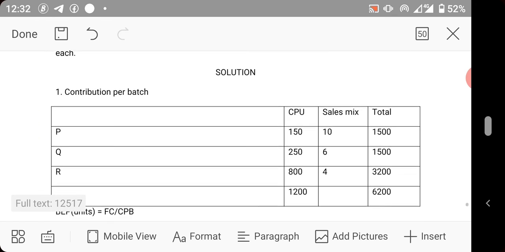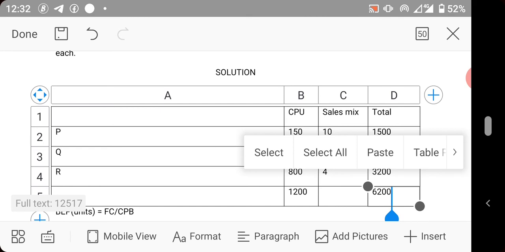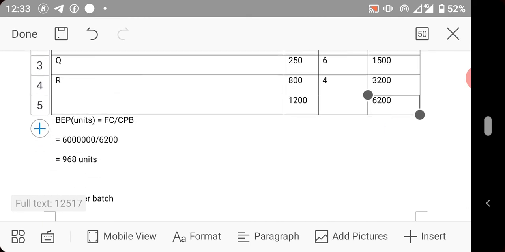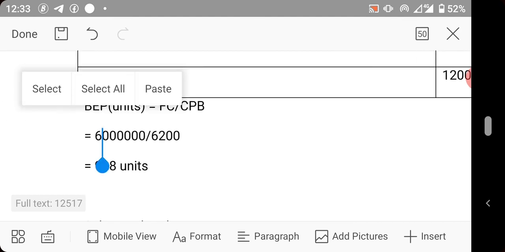Now we have this value which is 150, multiplied by 10 gives us those values. So at the end of the day, we have a total contribution per batch of 6,200 naira. So with this, we can get a break-even point in units. It will now be fixed cost divided by contribution per what?